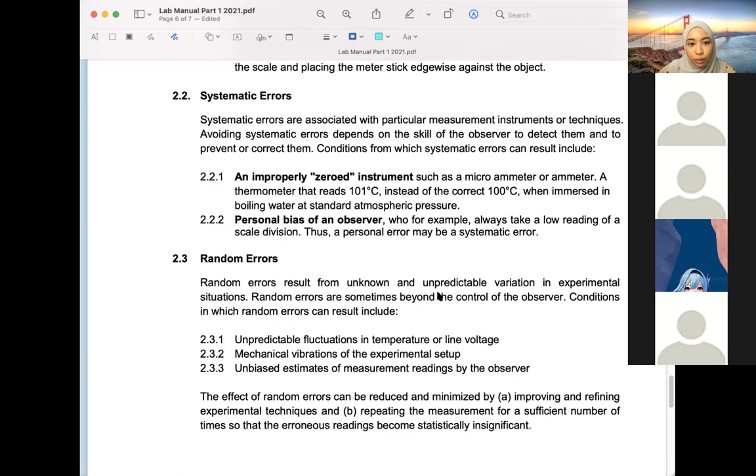You need to identify what are the errors that might occur when you are performing your experiment. Okay. So contohnya kita akan buat graphical analysis today. For graphical analysis, you need to draw graphs, right? You lukis graph, either boleh pakai Excel ataupun boleh lukis pakai kertas graph.